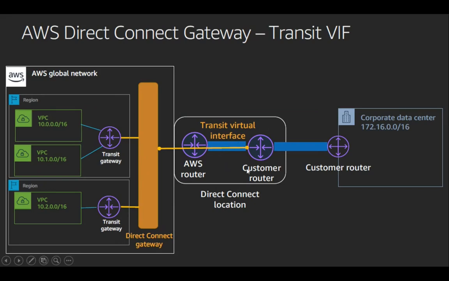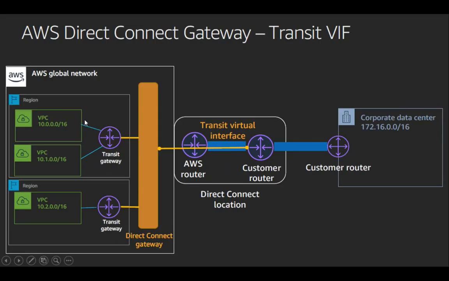Our customer router sitting in the Direct Connect location will connect to the Direct Connect gateway, and in turn, the Direct Connect gateway will have a backend connection to the transit gateway. This is possible only because we are using a transit virtual interface, right?